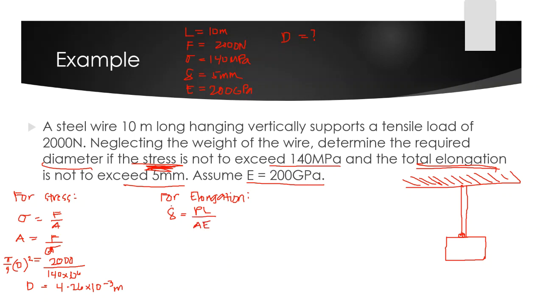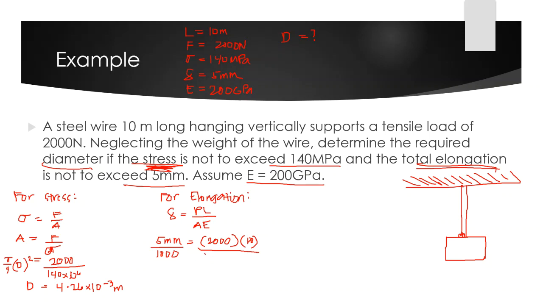Elongation is given already, so we have 5 millimeter, and we can just change this into meter, because we have given meter for the length of our wire.